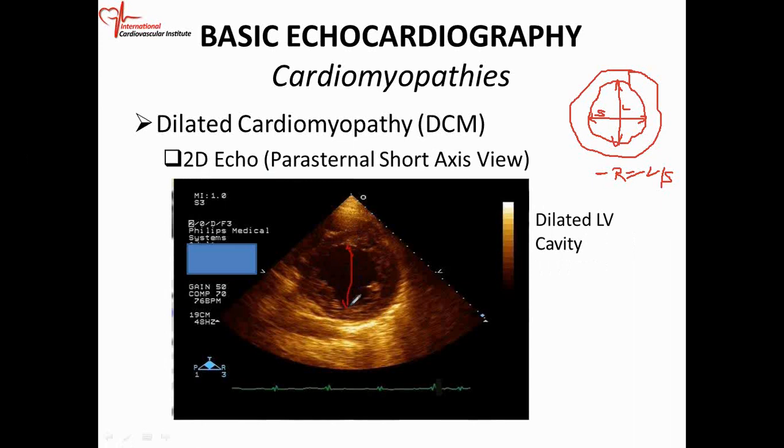Okay, whatever you get, you just measure it. And then you measure the short axis. Okay, the normal ratio of the long axis to the short axis should be greater than or equal to 1.5. When you develop a dilated cardiomyopathy, the short axis dimension starts to approach that of the long axis dimension. So the sphericity index approaches 1.